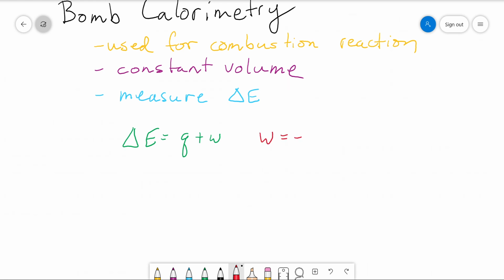W is equal to negative P delta V. So if we make that substitution in there for W, then delta E is equal to Q minus P delta V.